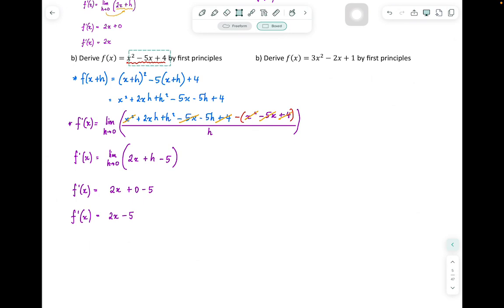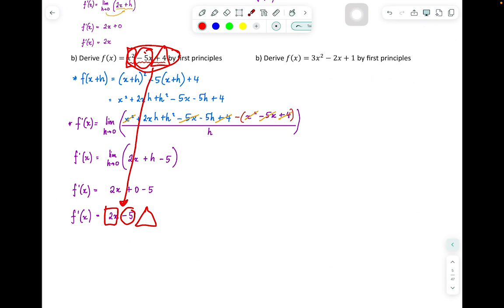X squared minus 5x plus 4 becomes 2x minus 5. You can see we've gone from 3 terms down to 2 terms. What's happening to that 4 there? It seems to be disappearing.